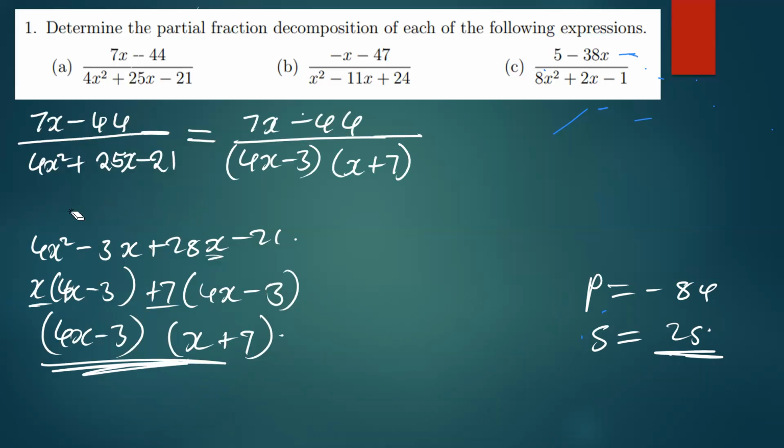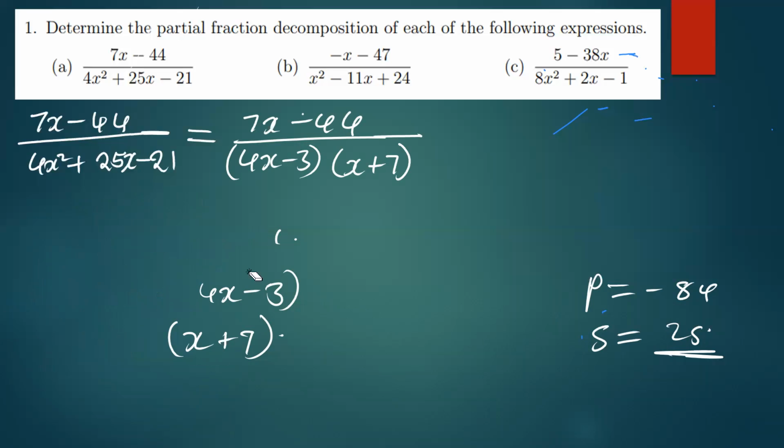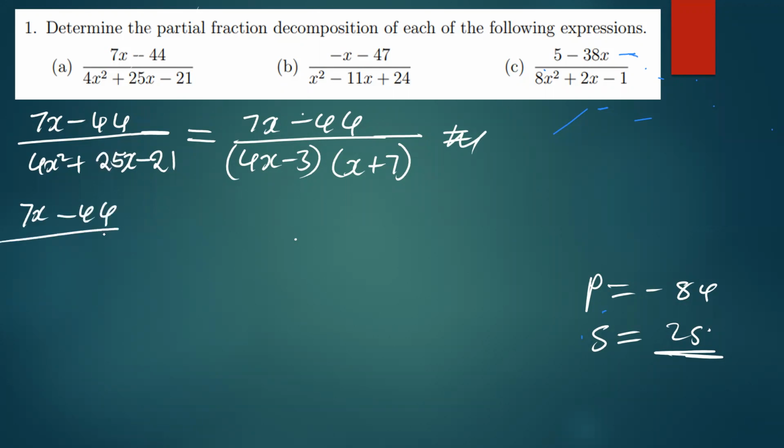So we can now decompose that because it's now easy. So let's go through the process step by step. I'm going to write this expression on this side. So we have 7x minus 44, everything over 4x minus 3, x plus 7.